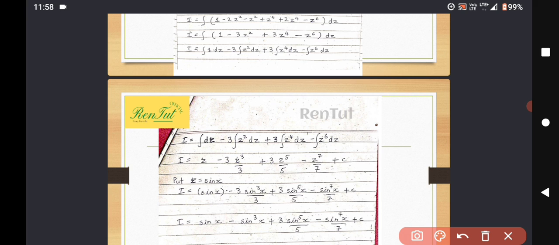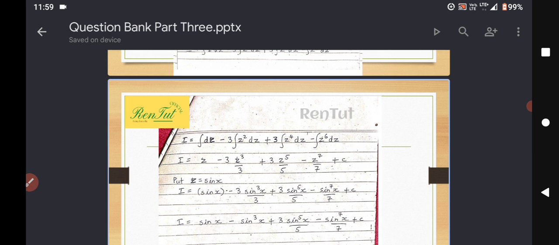This is the equation, and plus 3 integration of z raised to 4 dz, and minus integration of z raised to 6 dz. Up till here we have completed previously, so we were doing a quick recap.